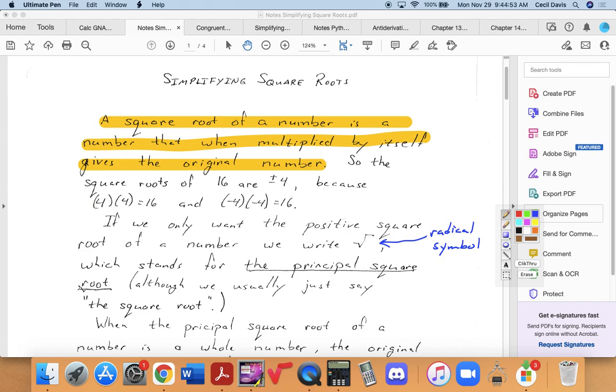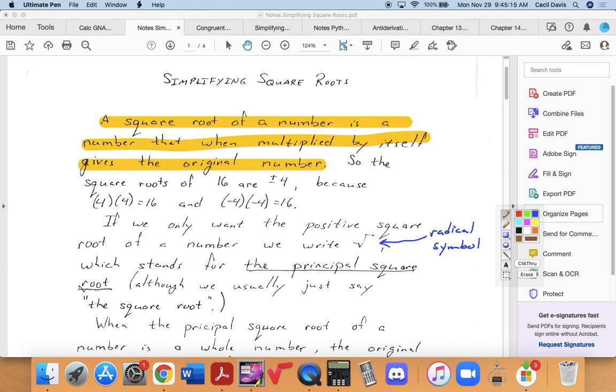Or if you have a radical new idea, you're like, oh, no one has ever thought about doing it this way. It's completely different. Well, that's kind of where this came from. Once upon a time, no one understood square roots at all, and it was a radical idea. And that's where the name radical comes from, it's the same idea.